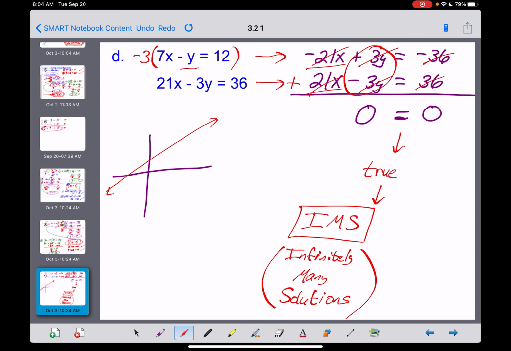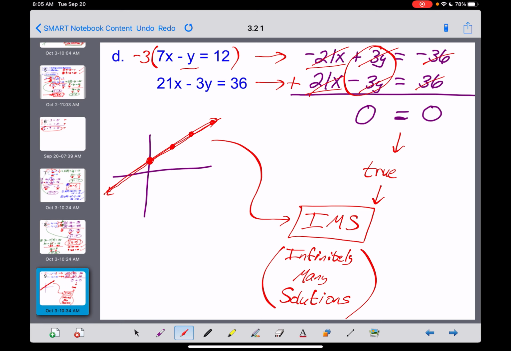And when we went to graph the second line, it would have had the exact same y-intercept and the exact same slope as the first line. So we end up drawing the same line twice. And back in 3.1, that's when we introduced this concept. There's an infinite number of points of intersection here, and that's why our answer here is infinitely many solutions.